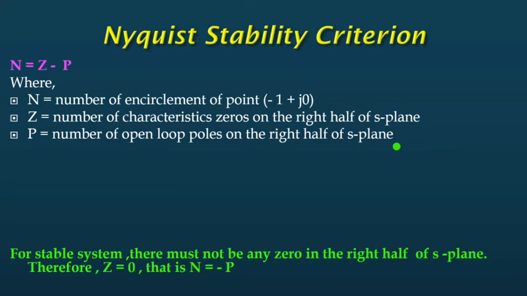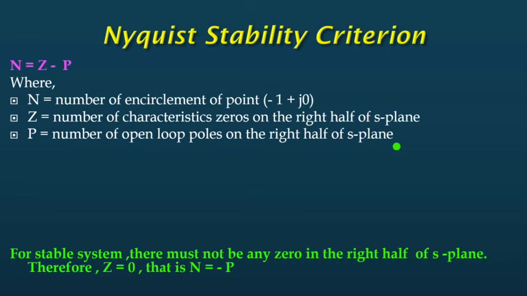The Nyquist stability criterion is formally stated as: for a closed loop system to be stable, the Nyquist plot of G(s)H(s) must encircle the point minus 1 plus j0 as many times as the number of poles of G(s)H(s) that are in the right half of the S-plane.